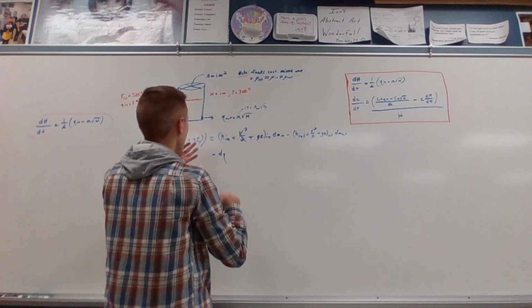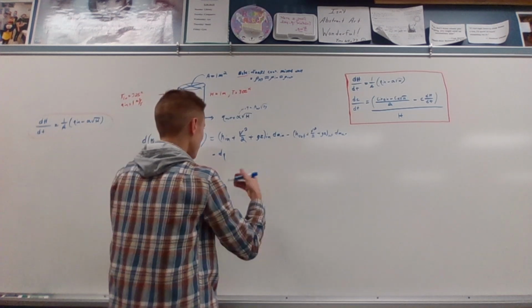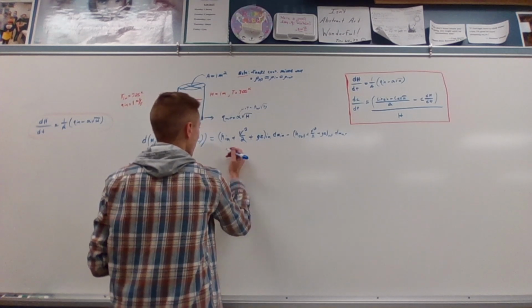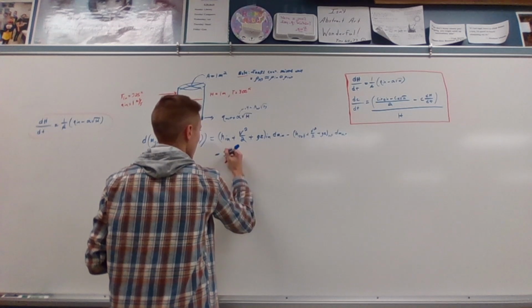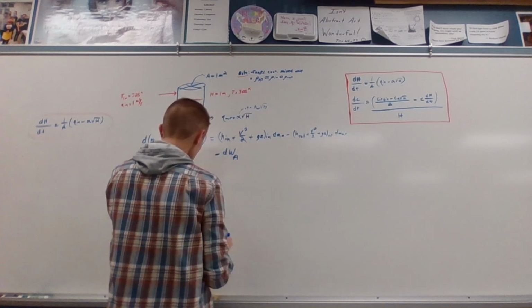But in this case, we don't have any heat being added here, so that's going to cancel out. Times our non-flow work, which is a small change in flow work.